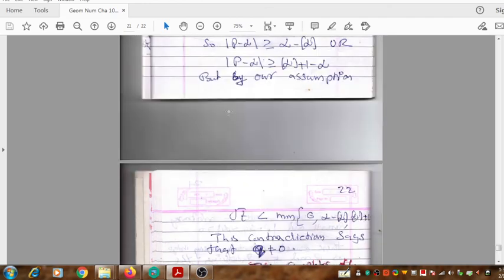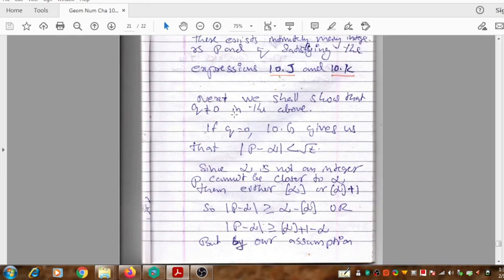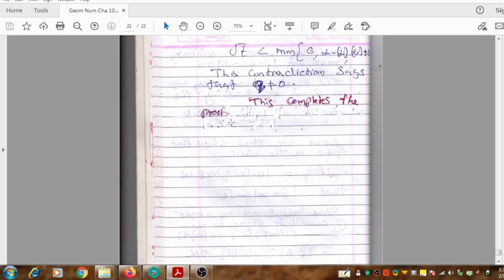To avoid this contradiction, we have to accept that q is not equal to 0. Q cannot be equal to 0, and hence we get the complete proof.